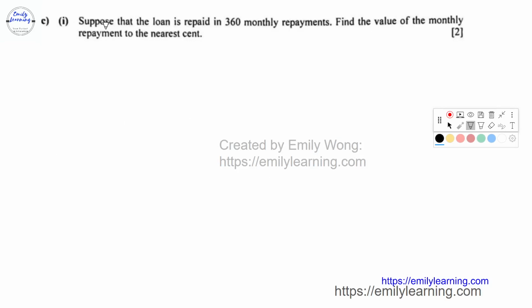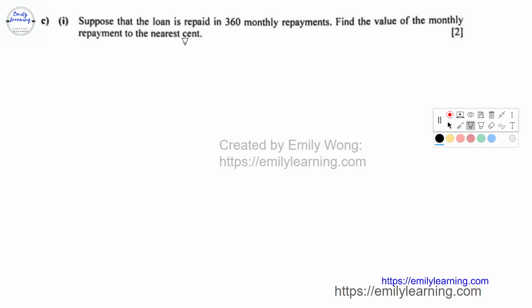Moving on to the next part, suppose the loan is repaid in 360 monthly repayments. Find the value of the monthly repayment to the nearest cent. So in other words, I know that the loan is repaid in 360 months.